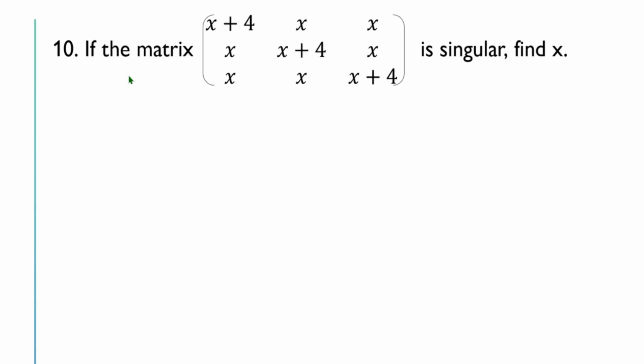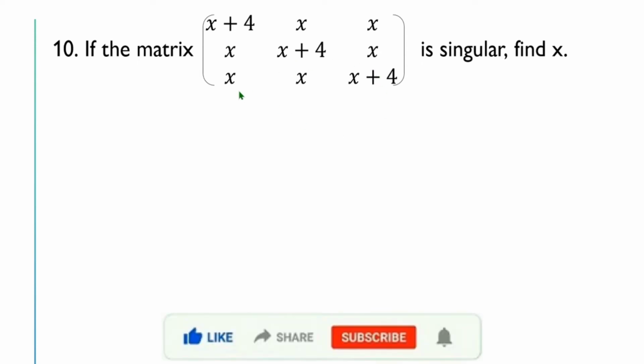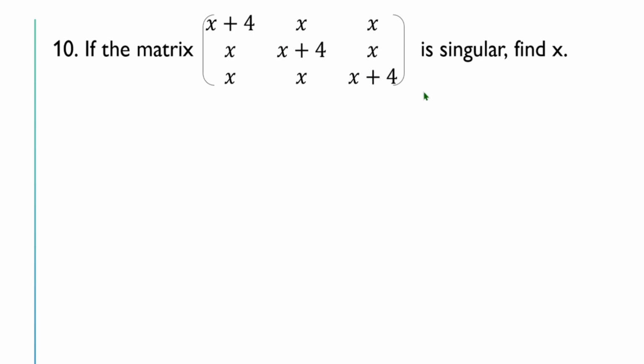Next question: if the matrix [x+4, x, x; x, x+4, x; x, x, x+4] is singular, find x. It is given this matrix is singular, it means the determinant of this matrix is equal to 0.